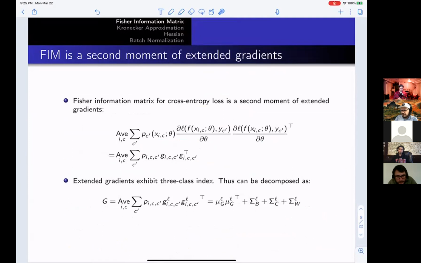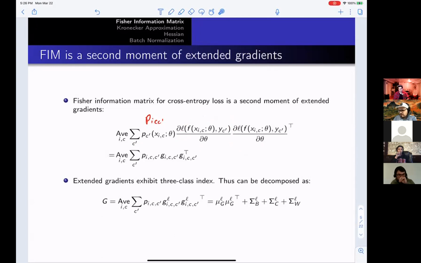So here's what we got thus far. We have that the Fisher information matrix is equal to the average over i, c, sum over c'. This is what we called p_{ic c'}. And then we have this extended gradient times extended gradient transpose, right?